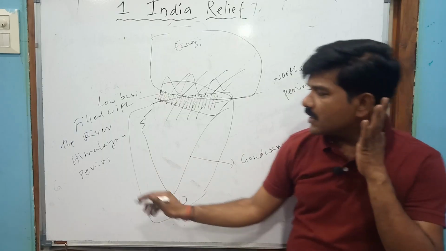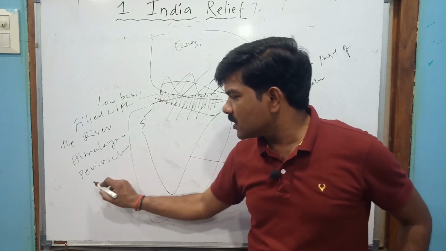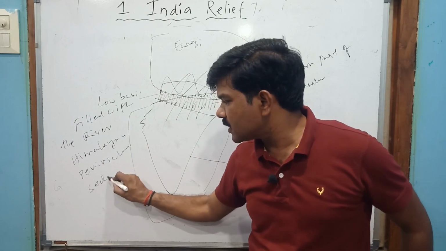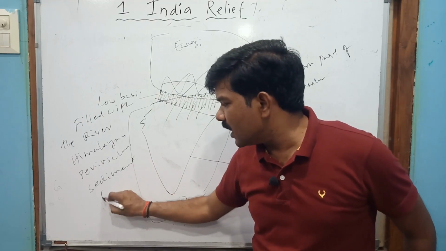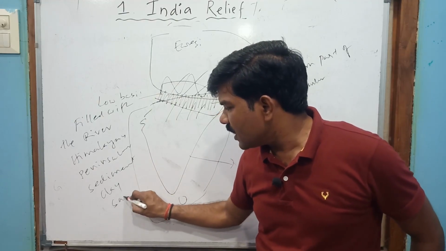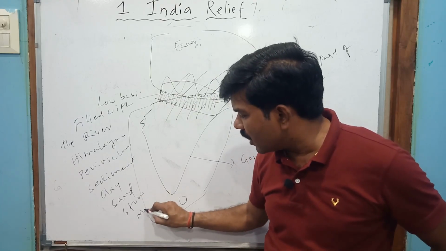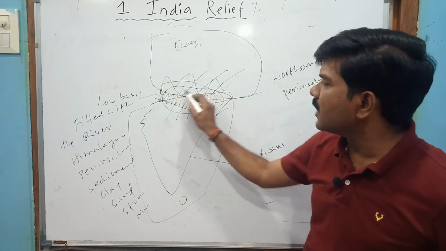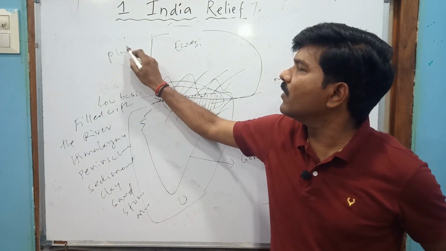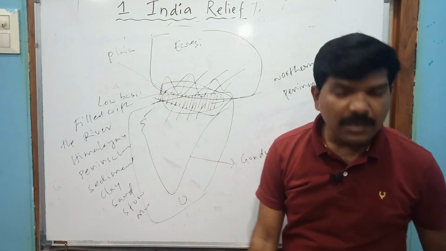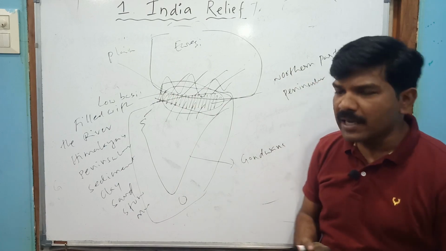So this low basin was filled with sediments, clay, sand, stones, mud. So this area is called a plain. This is how the plains are formed.